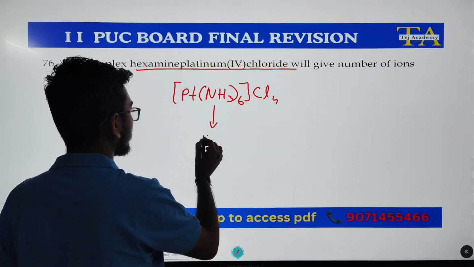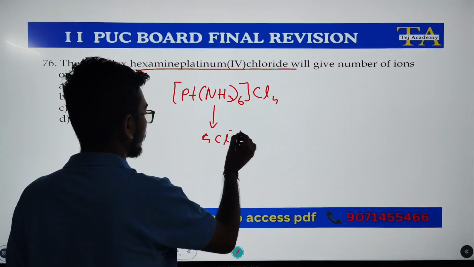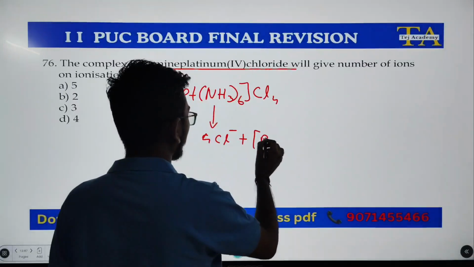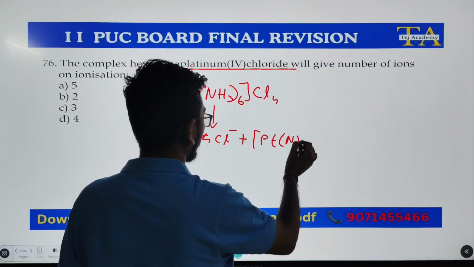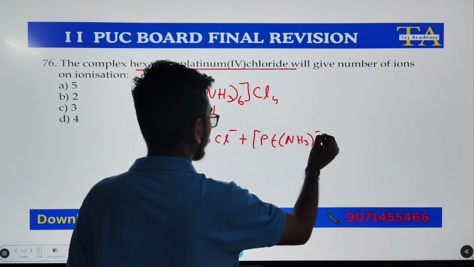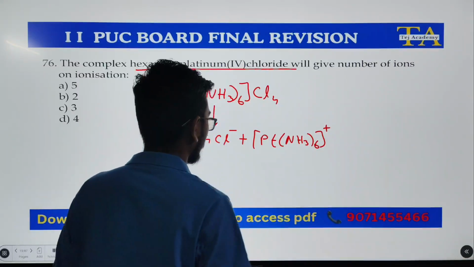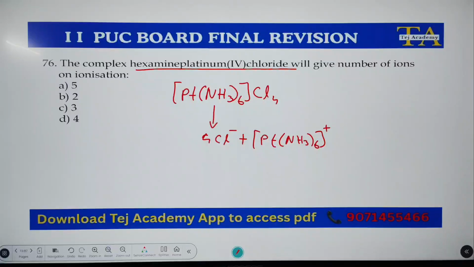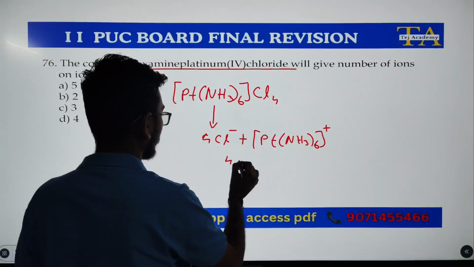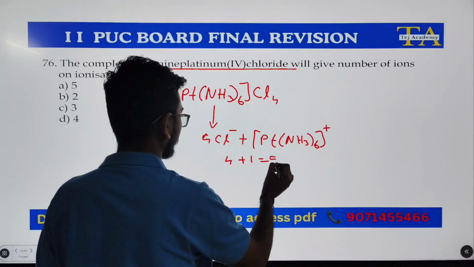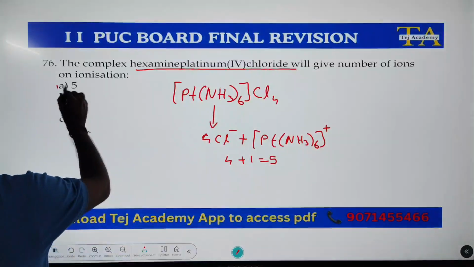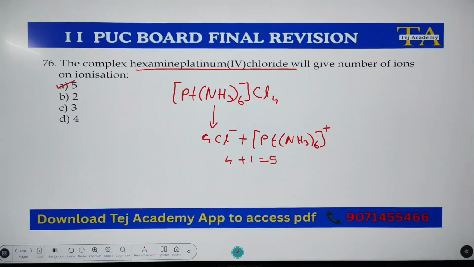This will ionize as 4Cl minus plus [Pt(NH3)6] with 4 plus charge. So total how many ions? 4 plus 1, 5. So option A is the right answer.